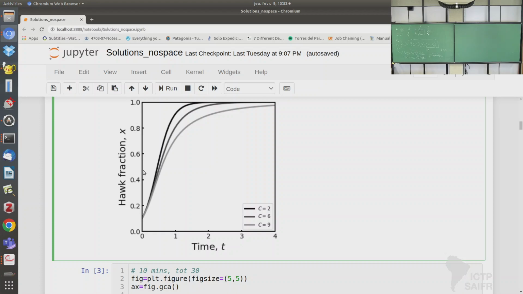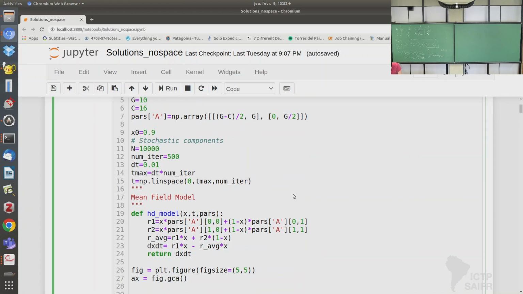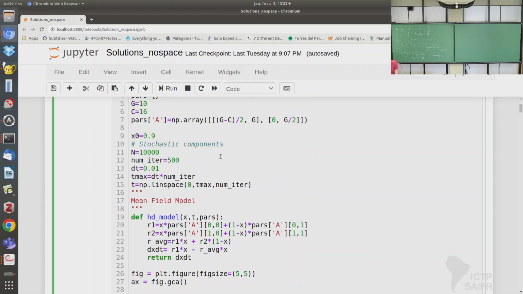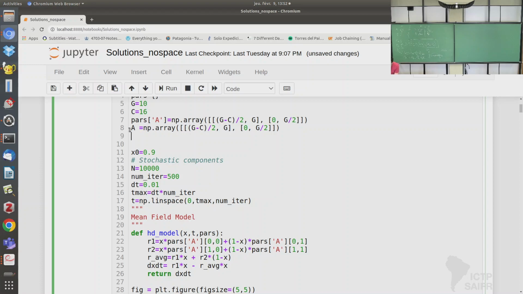Okay. So if you don't know what a dictionary is, maybe the easiest thing is just to write A as an array and you pass that.